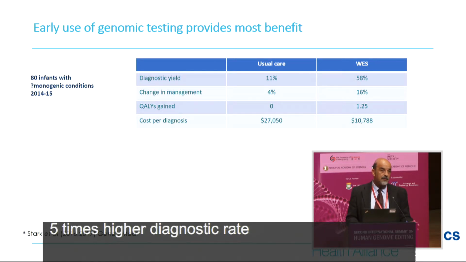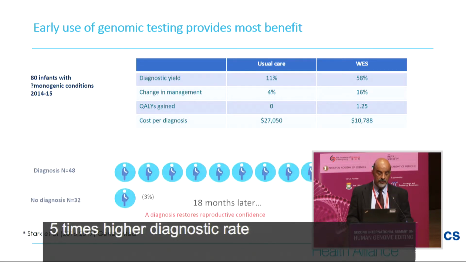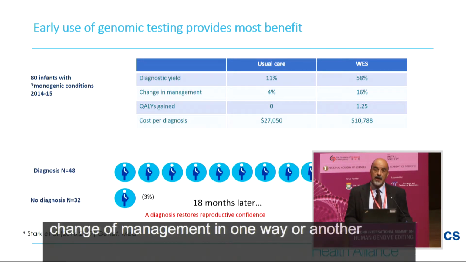And following up these cases down the track, the other benefit, of course, was there was a dramatic increase in the restoration of reproductive confidence in those families in which a genomic diagnosis had been made. So all of this really highlights the value of whole exome sequencing at an early stage.